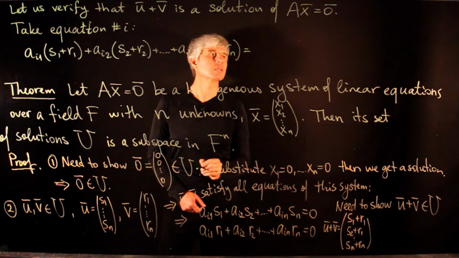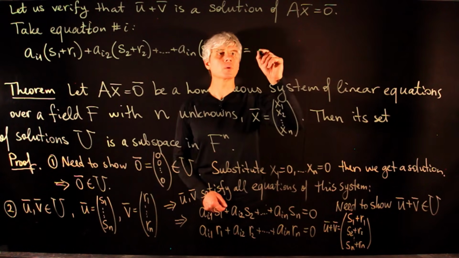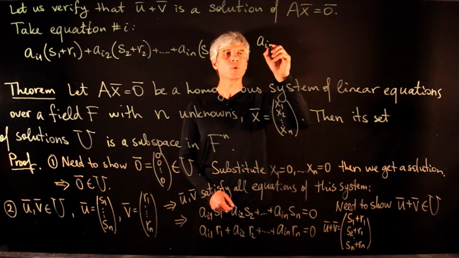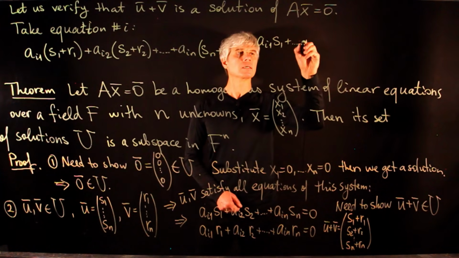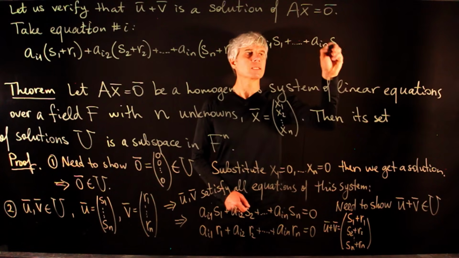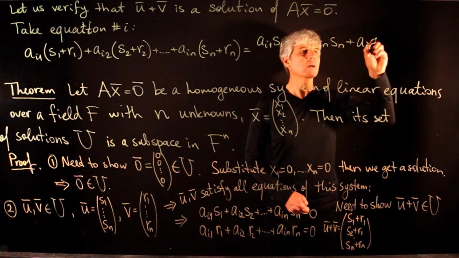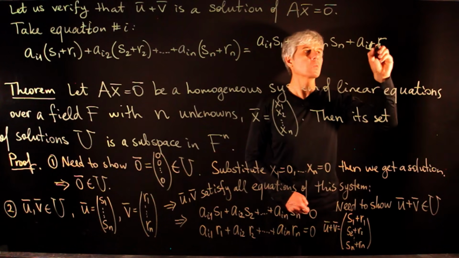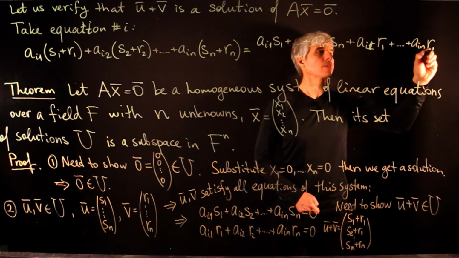But this can be written as a sum. So this is equal to ai1 s1 plus up to ain sn, plus ai1 r1 plus up to ain rn.